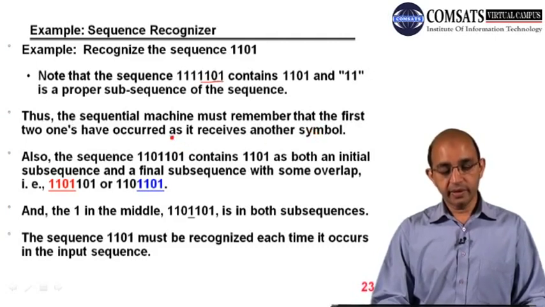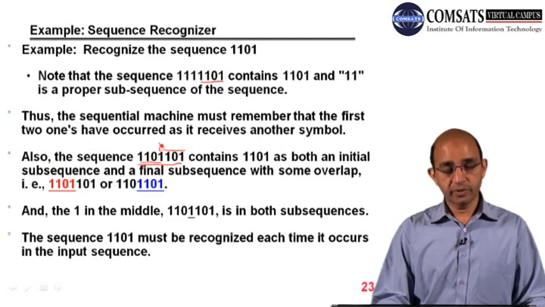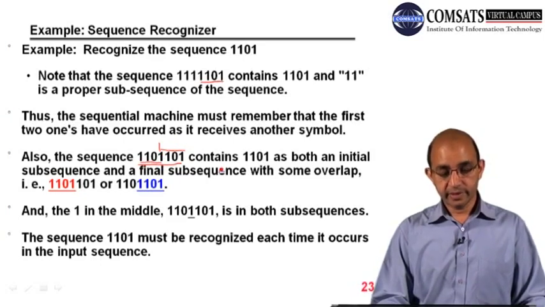So the machine has to memorize that the first two ones have occurred. And if we have this sequence 1 1 0 1, and 1 0 1, you can see that this one is common between these two subsequences.